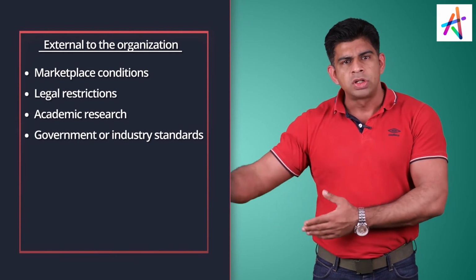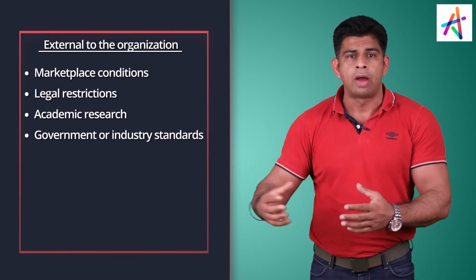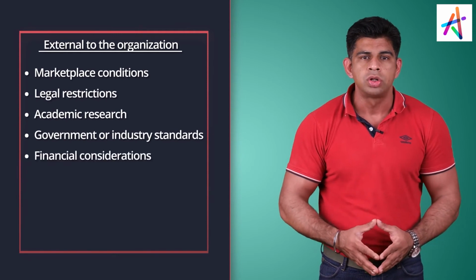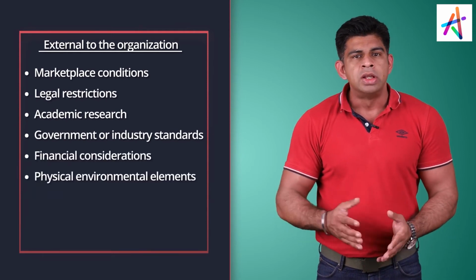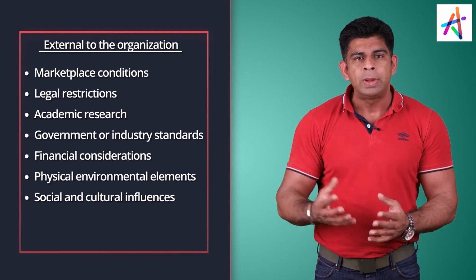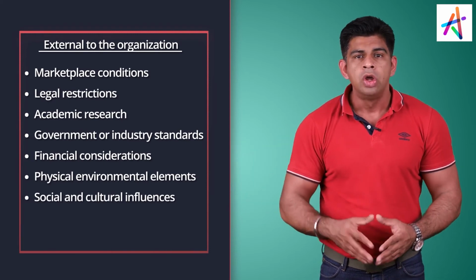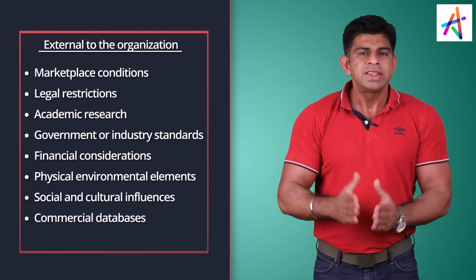Every place will have certain different government regulations which you have to abide by, financial considerations, physical environmental elements, social and cultural influences which might be there because of the place which you're working in, or commercial databases. Let's now speak about the organizational process asset.